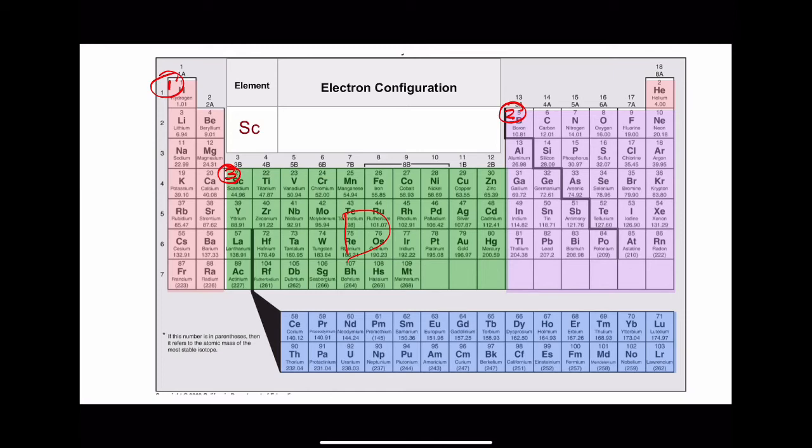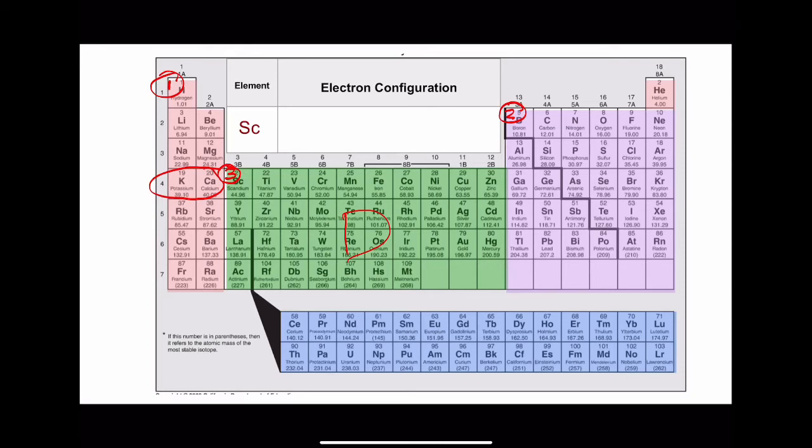Remember, the way the periodic table is set up is in order of increasing energy levels. So this tells us that the 4s energy level, which is right here, is slightly lower in energy than 3D. And we'll talk a little bit later, maybe chapter 11, about why that is the way that it is. But right here, we're just learning a pattern.